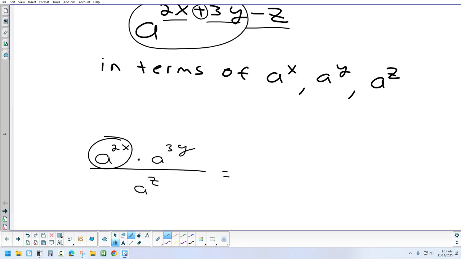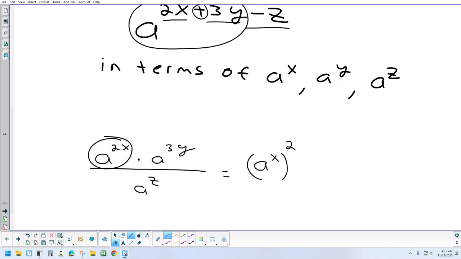Look at a to the 2x. What would that have come from? If you wanted to write something like a to the x, how would you end up multiplying that by 2 in the exponent? Yep, a to the x squared. Right, you would have had a to the x, so now you've written it in terms of a to the x squared.